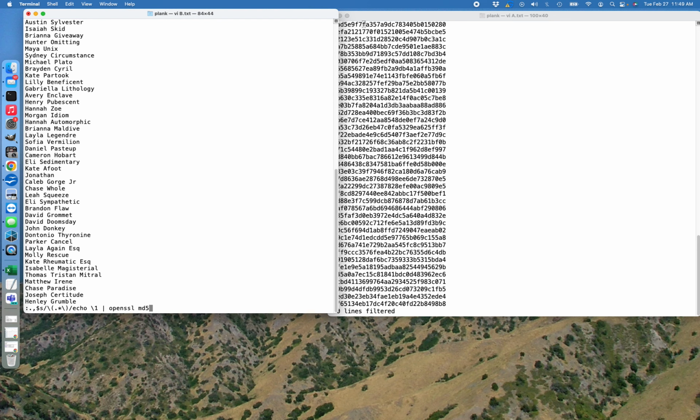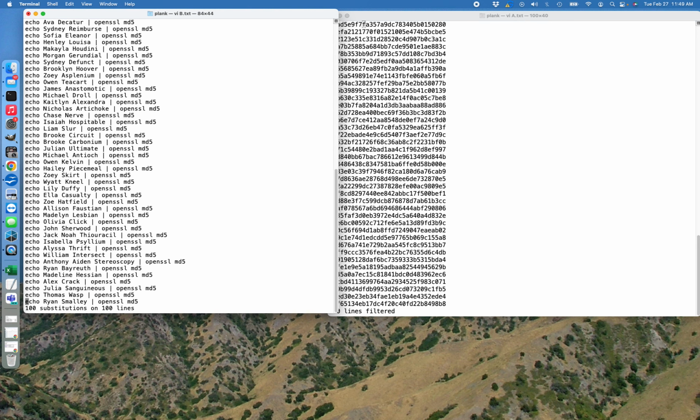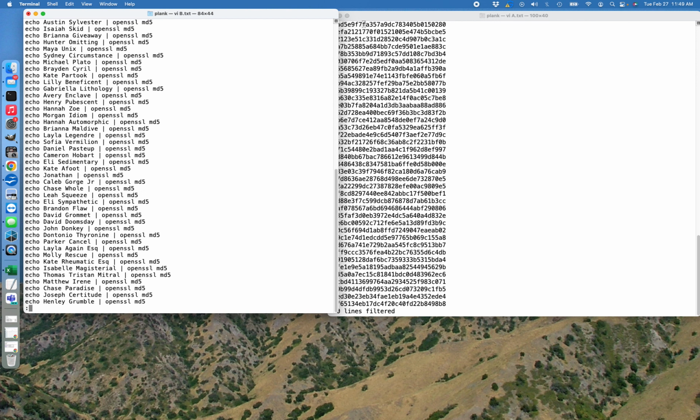Are we all good with this little substitution that I've done? This is like a sed command. What this says is grab everything, wildcard dot star, put it in the backslash parentheses, store it, and now substitute that with echo. Remember, pipe to OpenSSL MD5. That gets all those. Now I go ahead and pipe that to the shell.